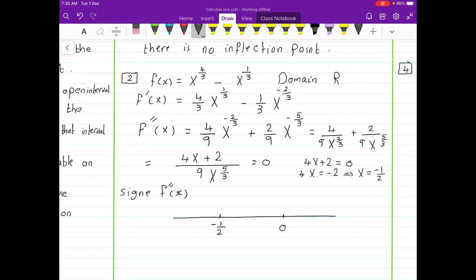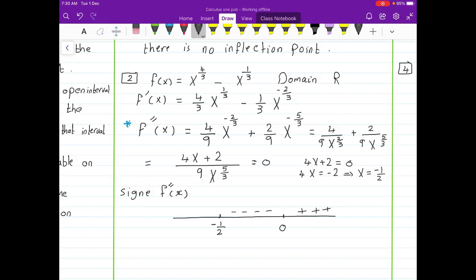Now, if you choose a number greater than 0 like 1 and substitute in f double prime, 4 plus 2, the sign is positive. The denominator is also positive, so the sign is positive. If you choose a number between -1/2 and 0, like -0.1, and substitute, you get the sign negative.